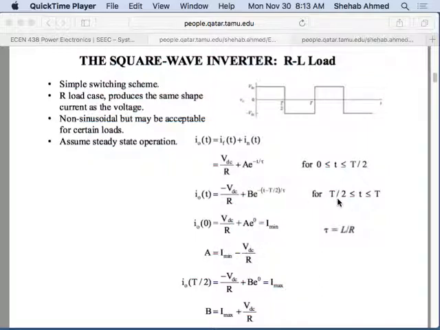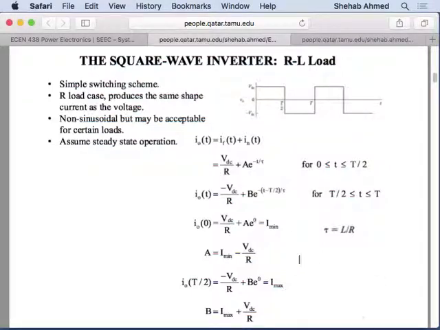And then from T over 2 to capital period T, you have minus VDC over R as your forced response, right? And then B e to the minus t over tau, with a shift of axis, equal to T over 2. And how would you find B? Same issue. B is found at t equals 0, or t equals T over 2 in this case.